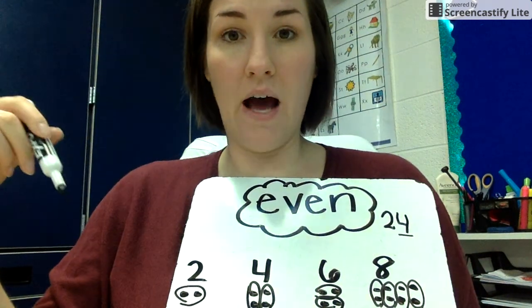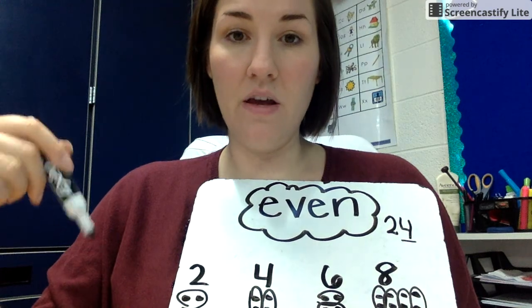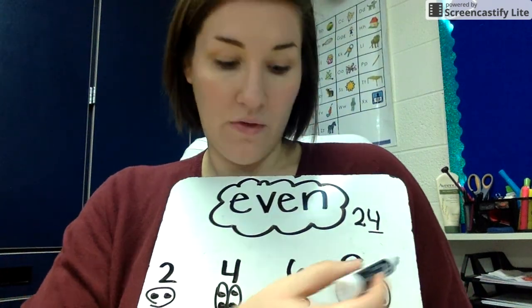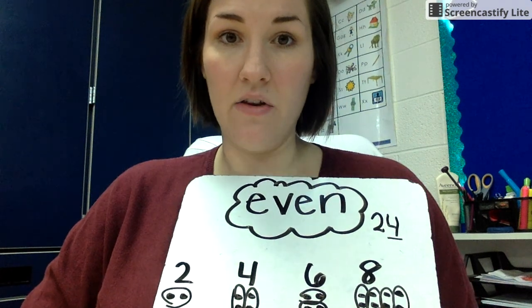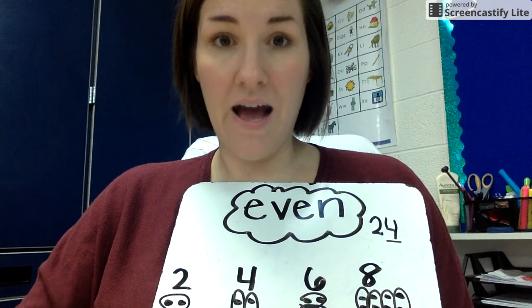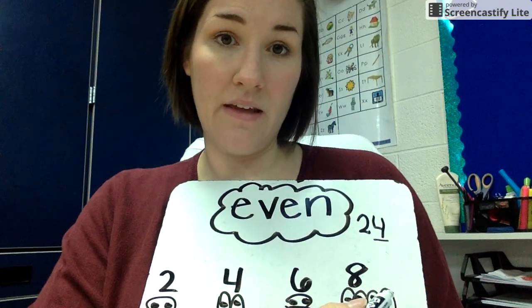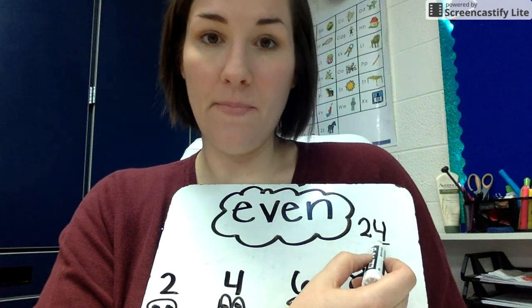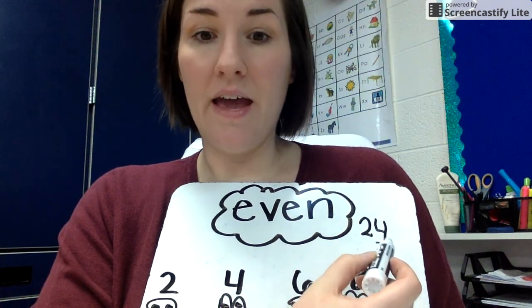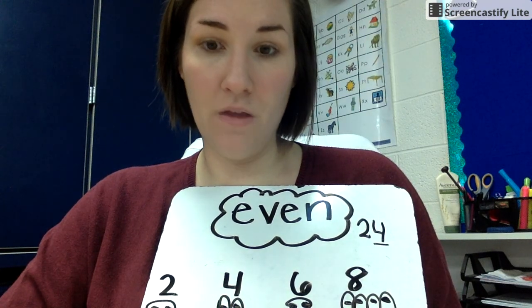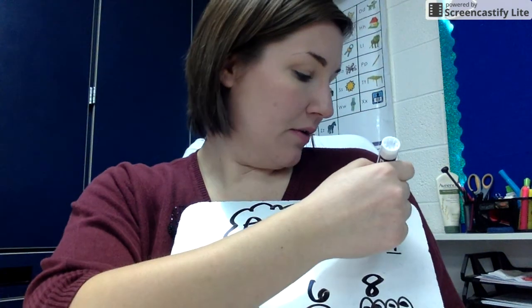So if I were to write out 24 dots, I could make even pairs because my ones are going to all have partners. And I know that 10 is automatically an even number as well. So when I'm looking at double digit numbers, I can look just at the ones place as kind of a shortcut to know if my ones place is an even number, then the whole number is an even number.